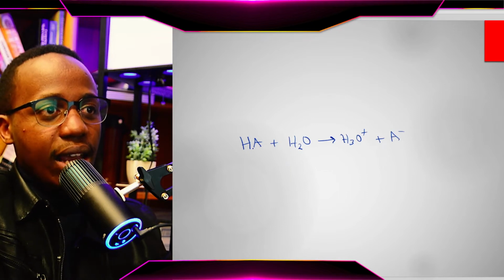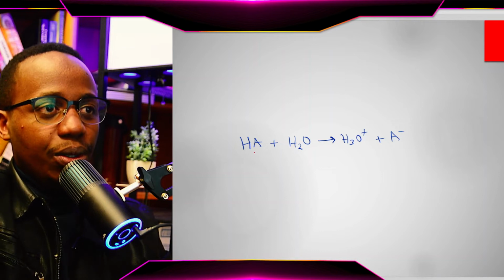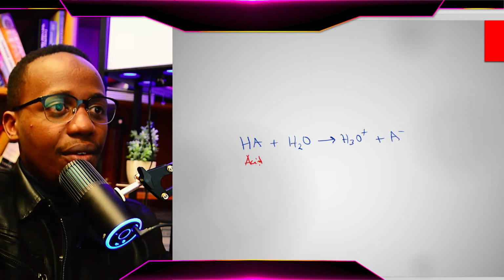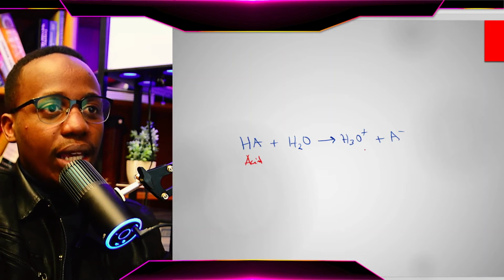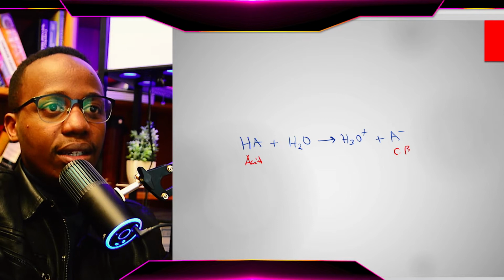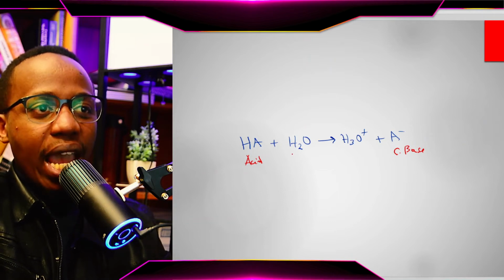Look at this. HA is acting like an acid, right? We already know that. Acid. But after it's already given away the H plus, now it becomes a conjugate base.